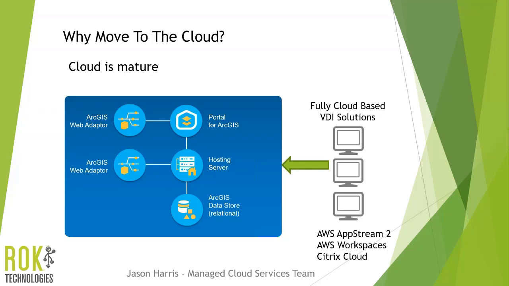So really the big takeaway here is that you can run these applications from anywhere that you have an internet connection. You don't need ArcGIS Desktop or Pro to be installed locally. If you're out in the field or working from home one day, it doesn't matter. You still have access to all of your applications and all of your cloud-based data in one single place.